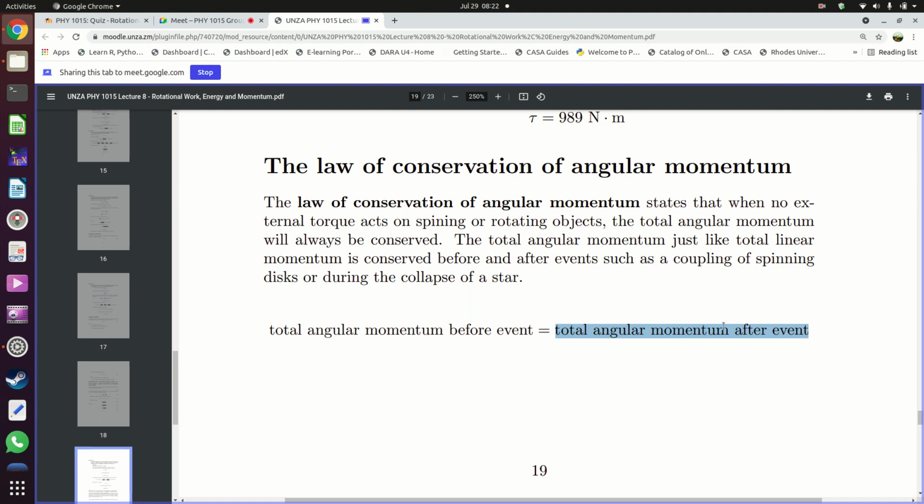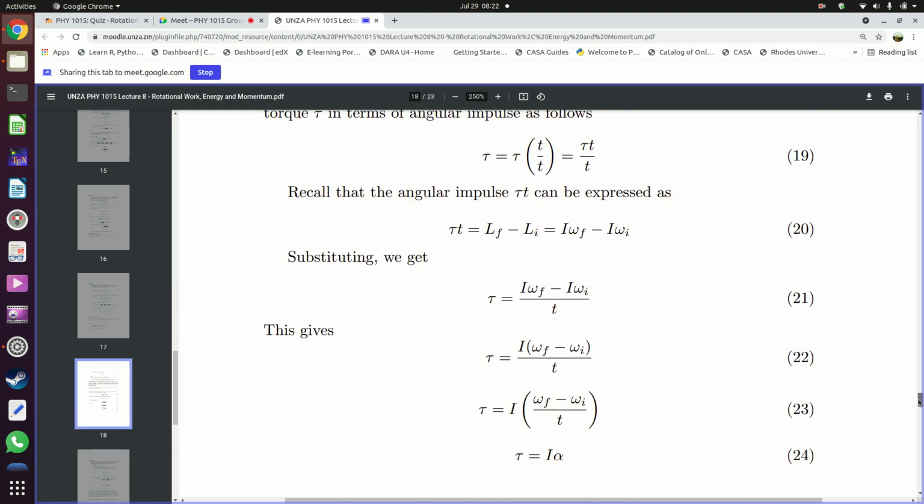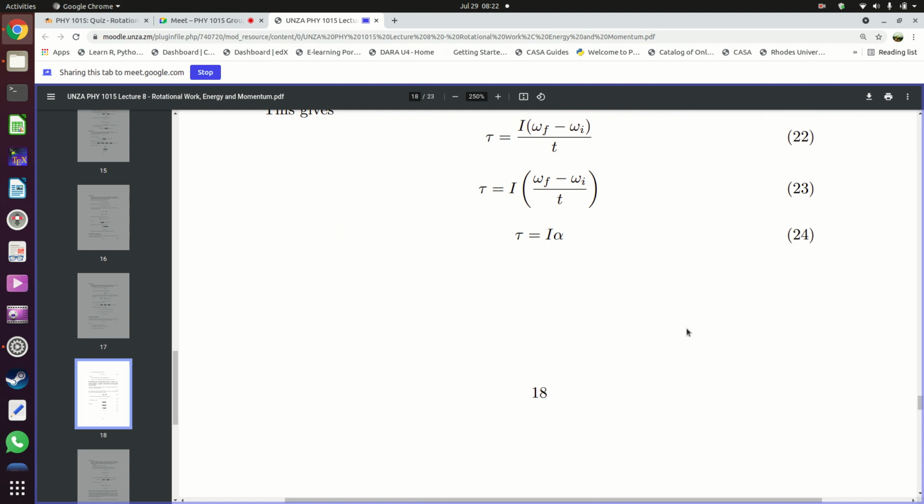Okay. Just like the other conservation principle we looked at, conservation of linear momentum, there should be no external torque which acts on an object. The reason why we are saying there should be no torque applied on an object is because you have seen what torque does. When you apply a torque, equation number 24: torque is equal to moment of inertia, which is what this particular object has, multiplied by angular acceleration.